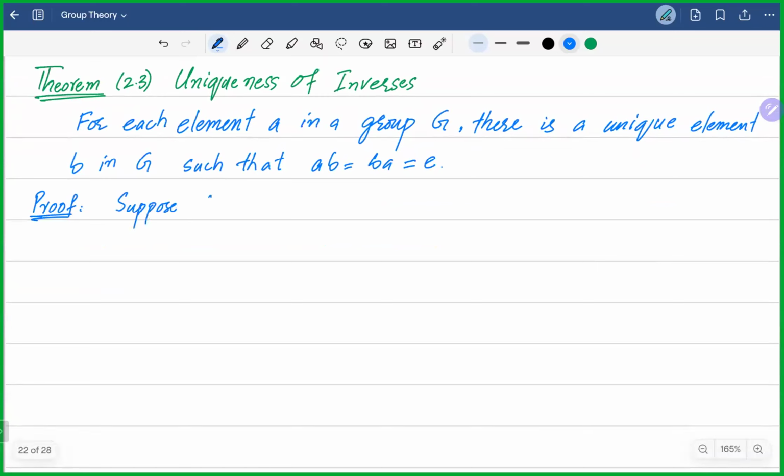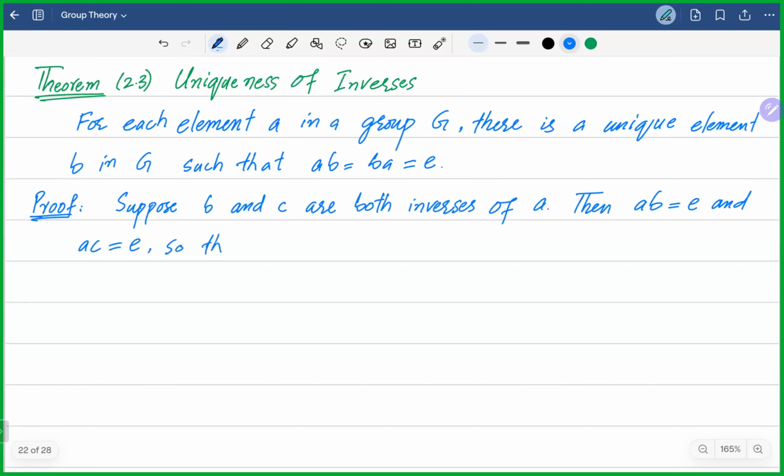Suppose B and C are both inverses of A, then AB will give you E and AC will also give you E. So that AB is AC.